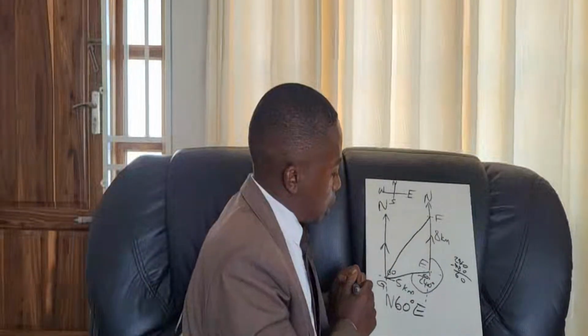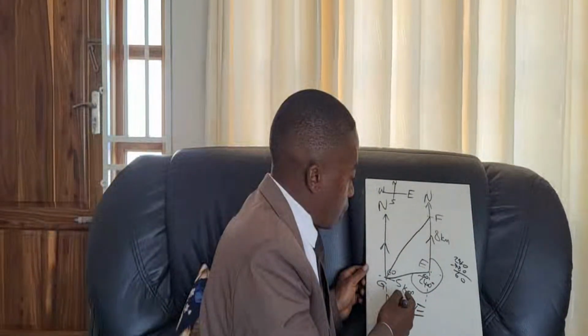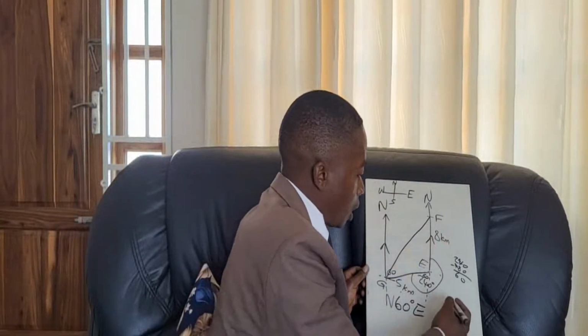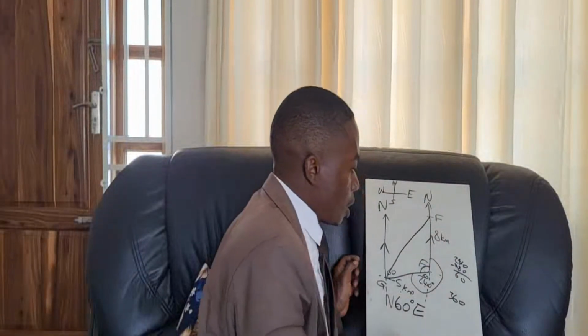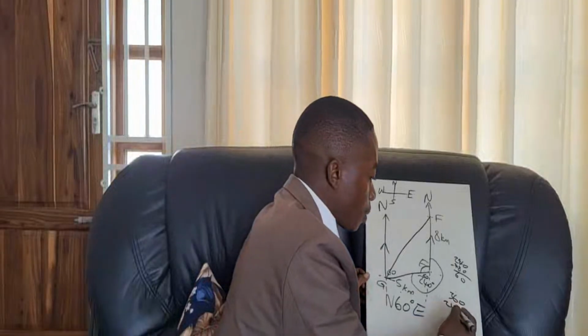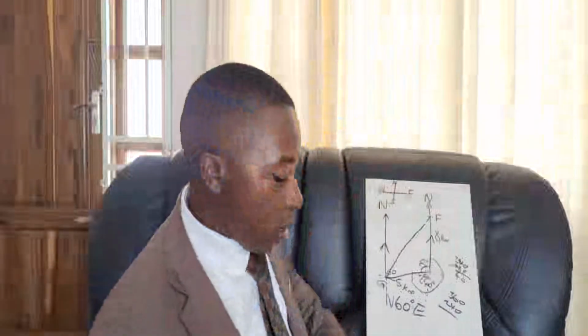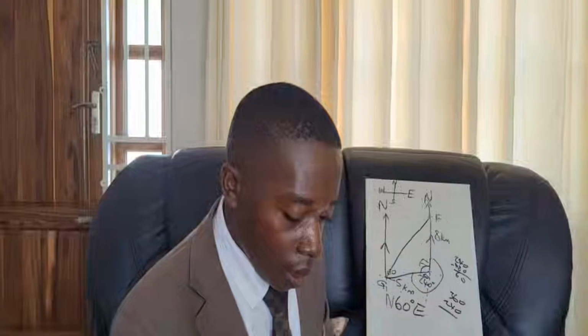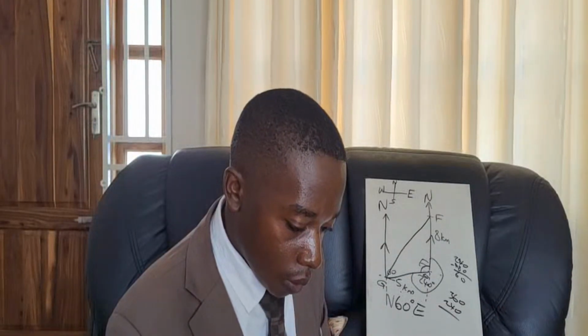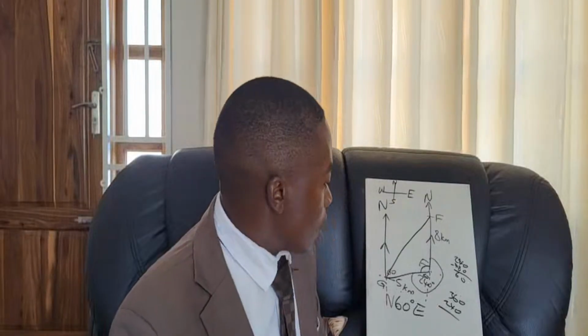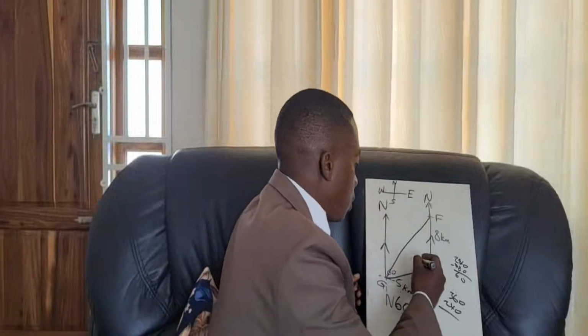From G, here we have 5 kilometers, 8 kilometers, and 360 minus 240. What do you get? Calculate that. This is 120.